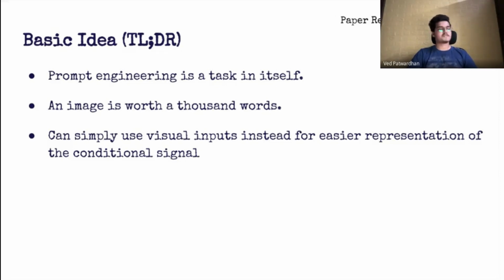Secondly, this has been said many times, an image is worth 1,000 words, so it's very hard to describe the specifics of an image by just describing the text if you want any specific changes in the image. So if you want to avoid the tedious task of engineering the prompt, you could just do something simple: pass some visual representation of what you expect of the model and use that as the conditional signal for denoising. So that is basically what this paper is about.